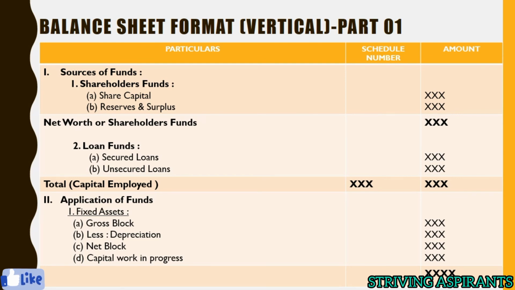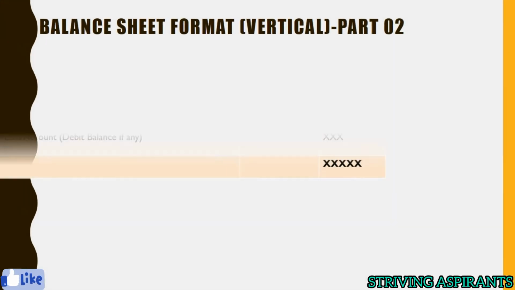Now we will check the application of fund items. First one is fixed assets, which constitute four items, that is gross block less depreciation of whatever assets we have taken into consideration. Then we will get the net amount, then add capital work in progress amount also.